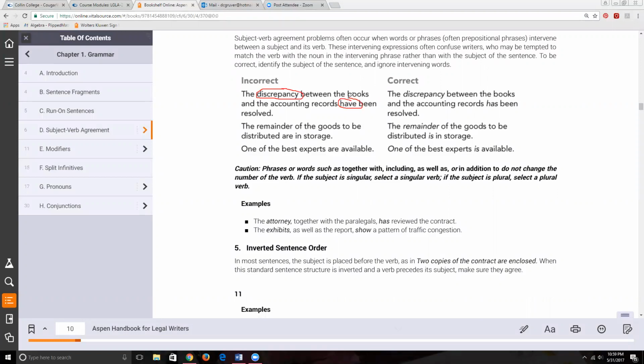We say they have. But here we have discrepancy, a single word, and we have has. It has. The discrepancy has. So if you remove these words between the subject and the verb, we'll see that it now matches.